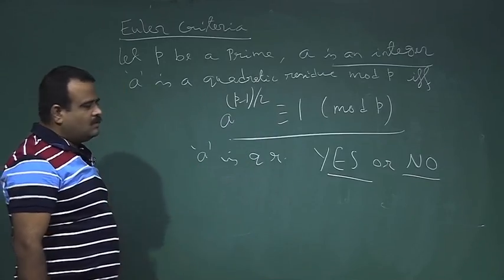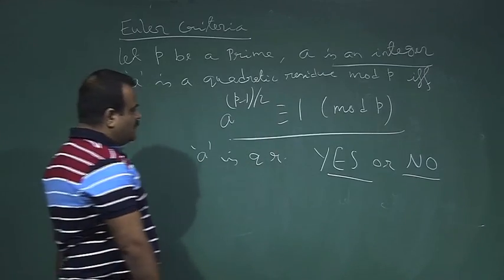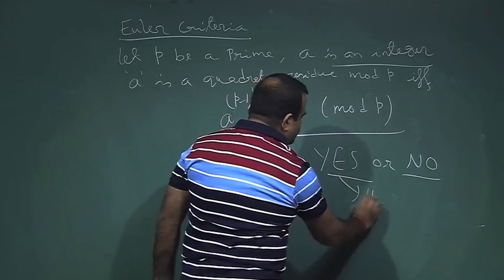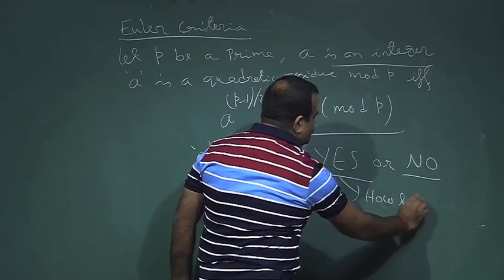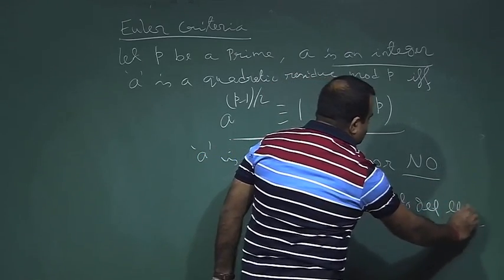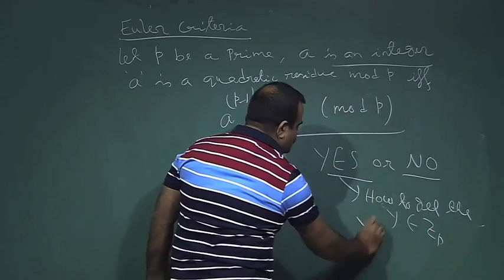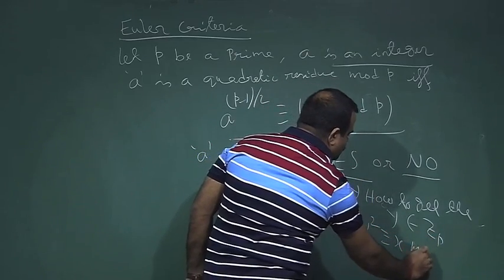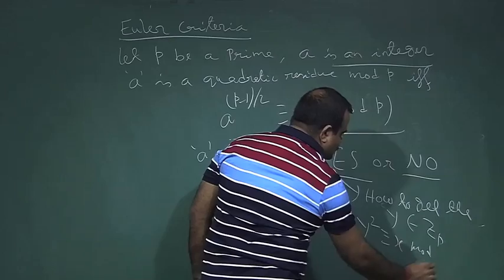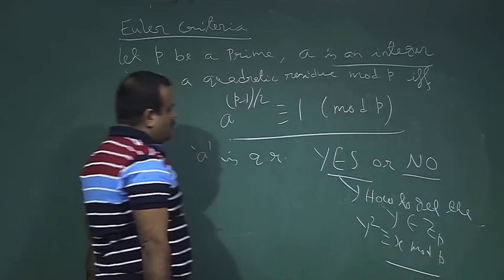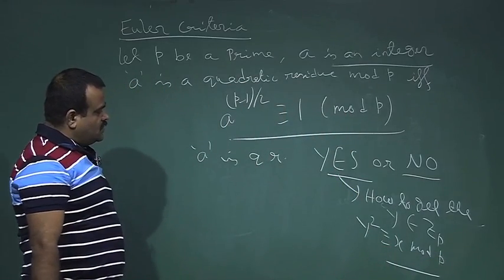Now, if it is no, there is no question of going further, but if it is yes, then how do we get the y such that y square is congruent to x mod p? How do we get the square root of x basically? How do we get those solutions y?